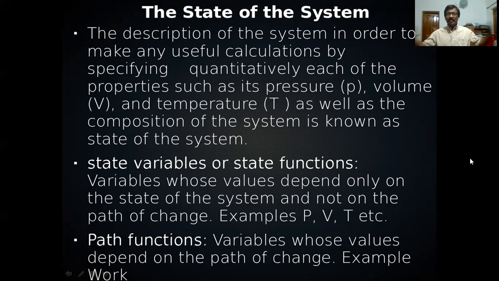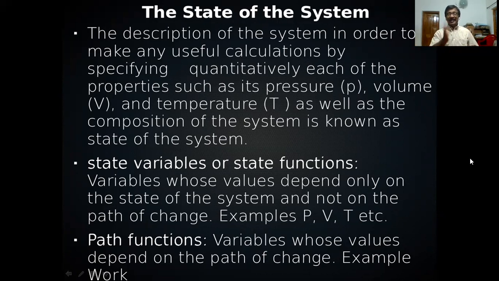Then what is meant by state variables or state functions? Variables whose values depend only on the state of the system and not on the path of the change. Only on the initial state and final state, not on the path of the change.